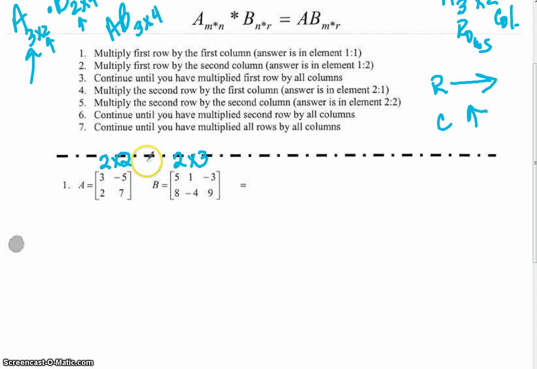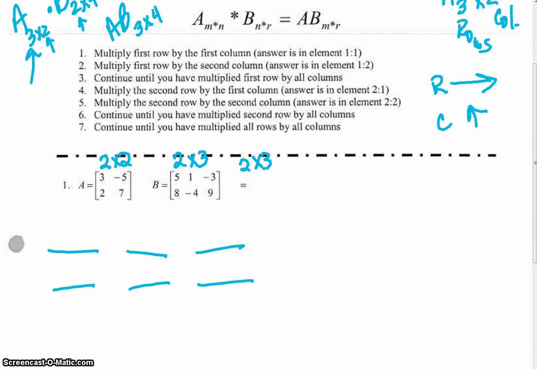So yes, you can multiply them, and your answer is going to be a 2 by 3. And the reason I know it's going to be a 2 by 3 is because the outside numbers form the dimensions. Now, you don't have to do it this way, but my personal preference is once I know it's a 2 by 3 to draw that out so I know where my number should go. So 2 rows by 3 columns.